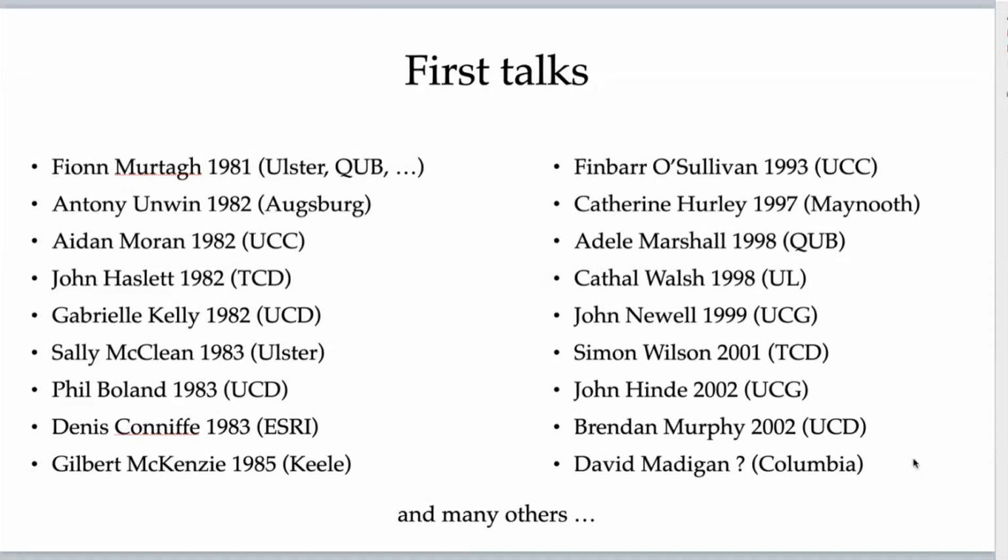And one name I did wonder about, David Madigan, who did his PhD in Trinity in the mid-80s and went off to the west coast of America and is now a big wheel in statistics at Columbia in New York. I couldn't find him having given a paper at the Society at all, which rather surprised me.